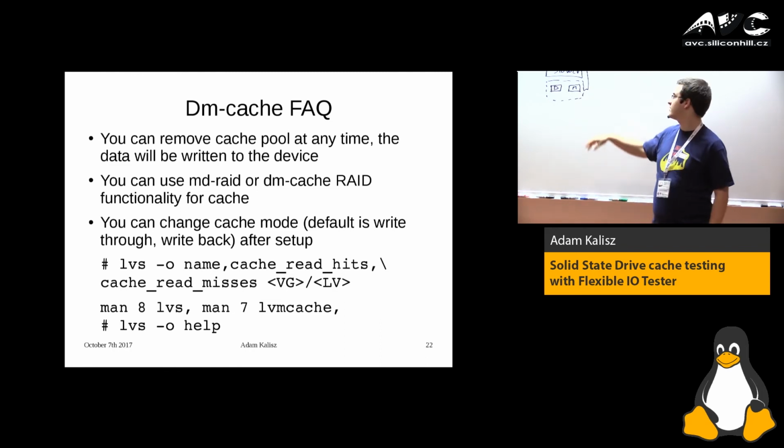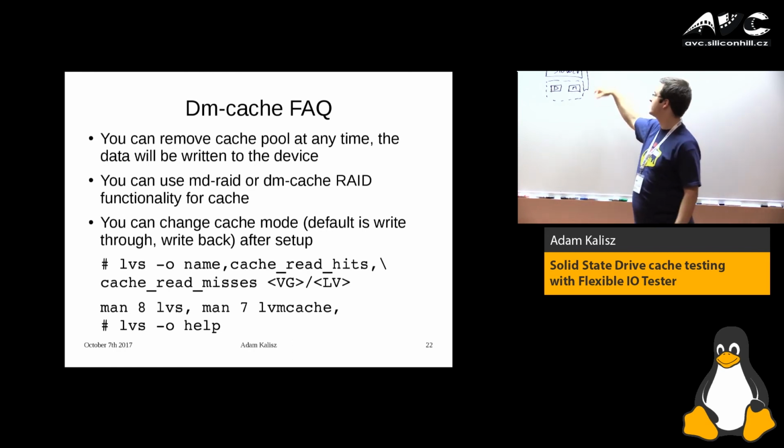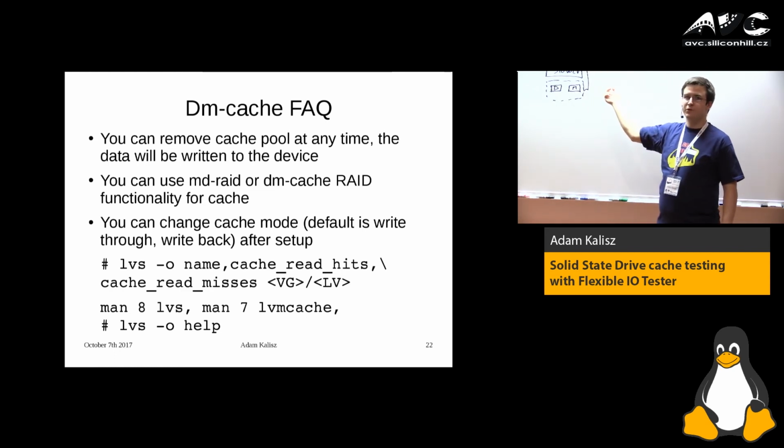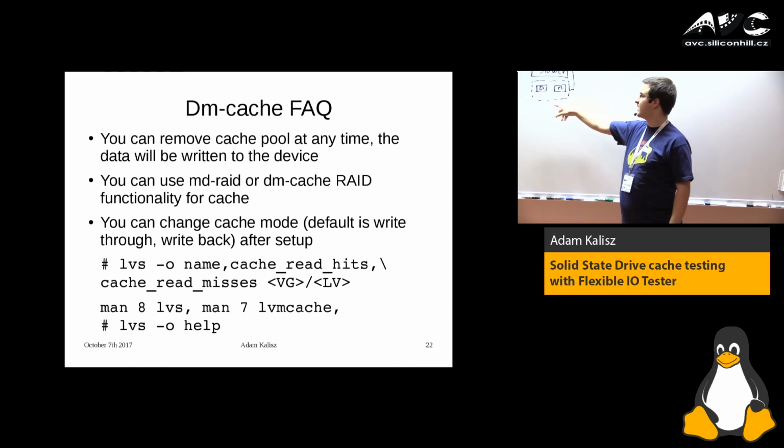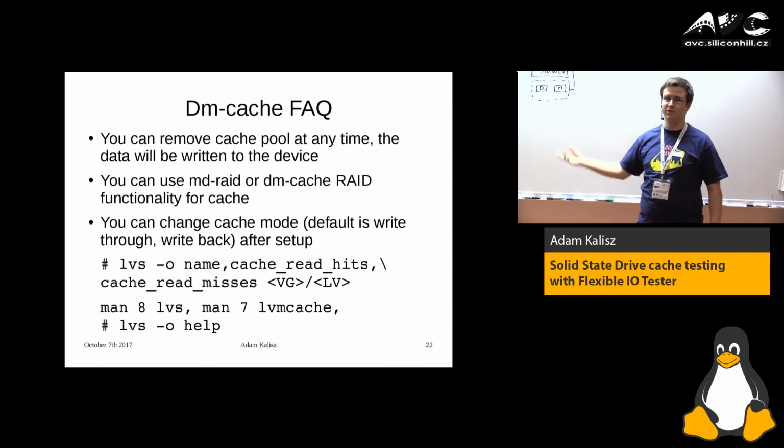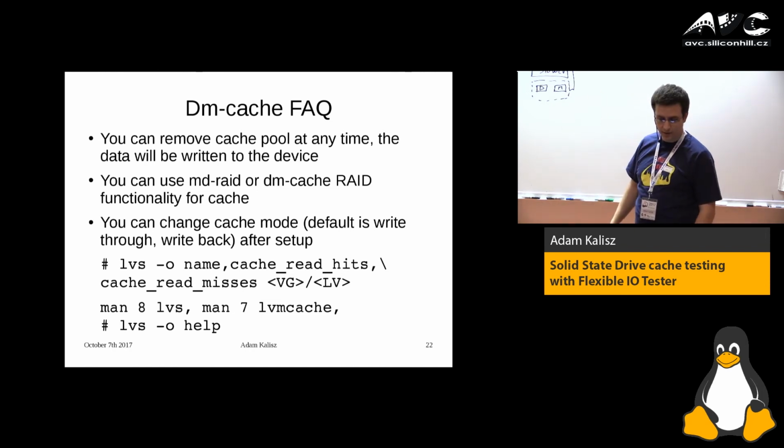The cache takes care of it later on. But you have no guarantee that you actually have the data on the slow device. Write through would guarantee that you actually have the data on your RAID array. So with write back, you probably want to have some kind of RAID 1, or maybe data you don't really need. A good backup is always nice.